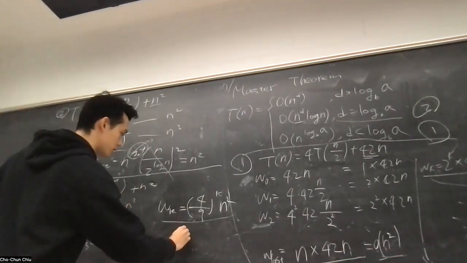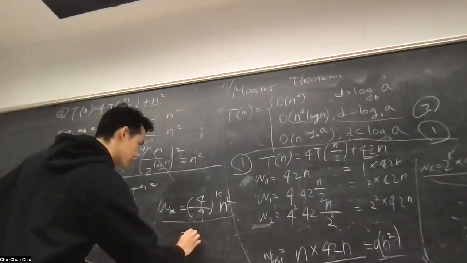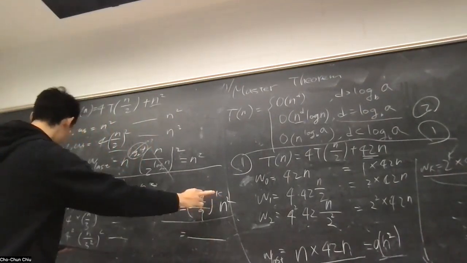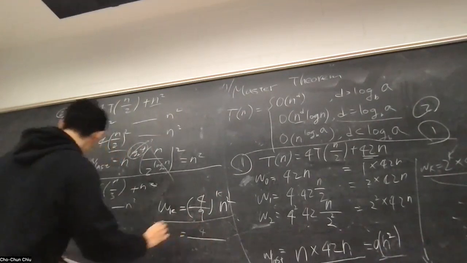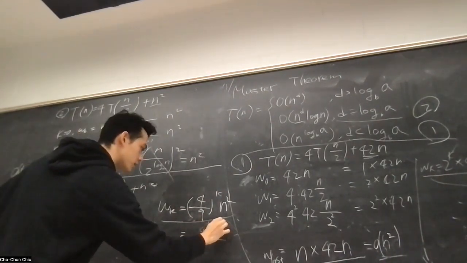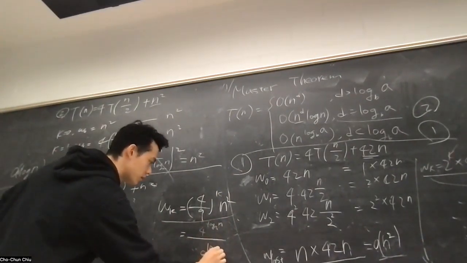let me just write down here. 4 to the power of k, right? So that's going to be 4 to the log 3 n. The other one is 9 to the log 3 n.